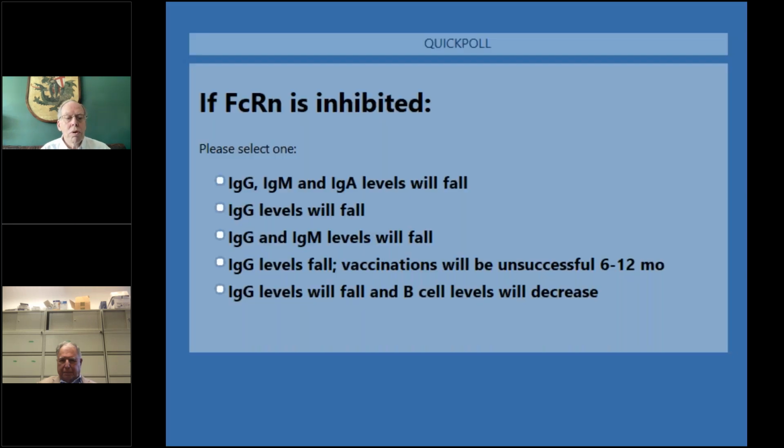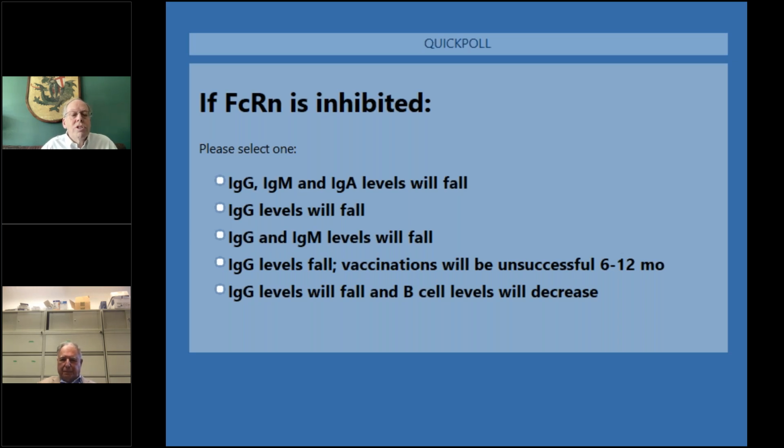Okay, last one. If FcRn is inhibited, select one of the following: Option 1, IgG, IgM, and IgA levels will fall. Option 2, IgG levels will fall. Option 3, IgG and IgM levels will fall.